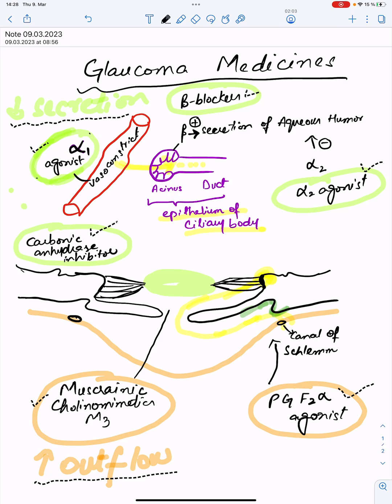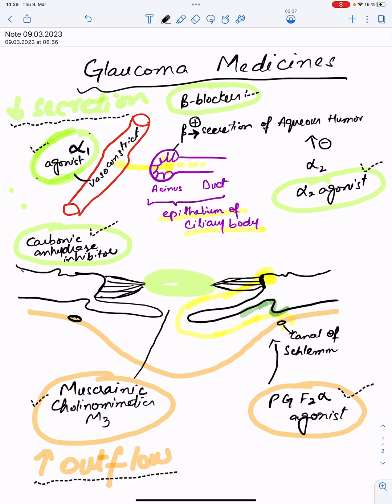So how does this happen? Now, when we talk about the decreased secretions, first we consider the alpha 1 agonist. You know that alpha 1 agonist cause vasoconstriction of the blood vessel. When there is vasoconstriction of the blood vessel, less plasma will move into this stroma, and hence there will be reduced aqueous humor secretion.